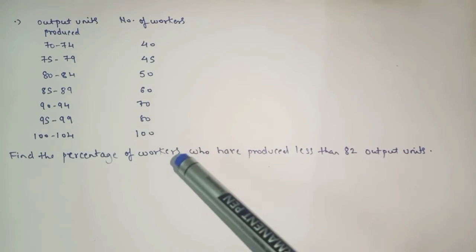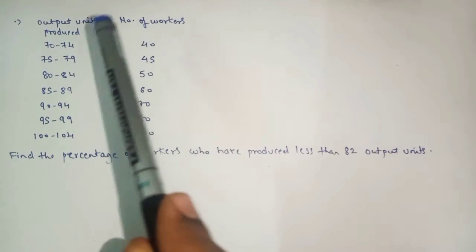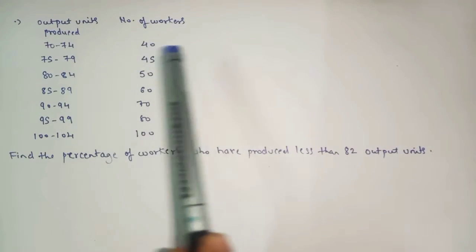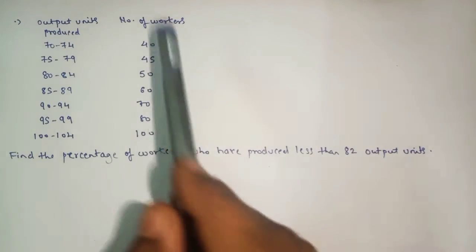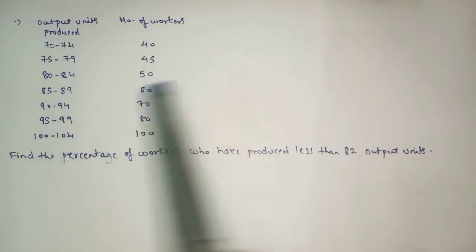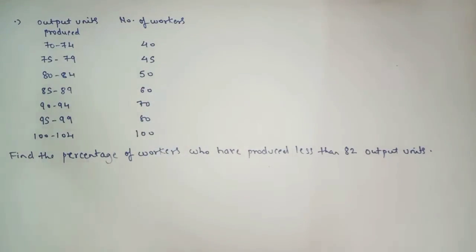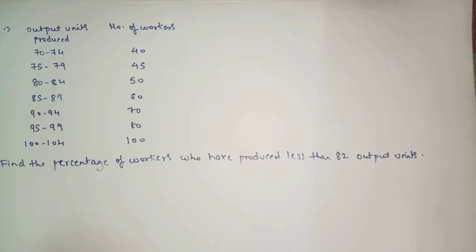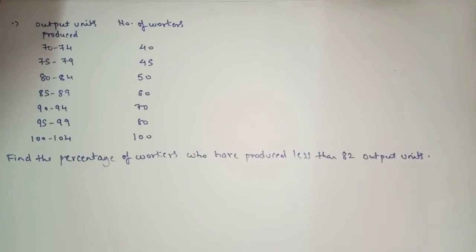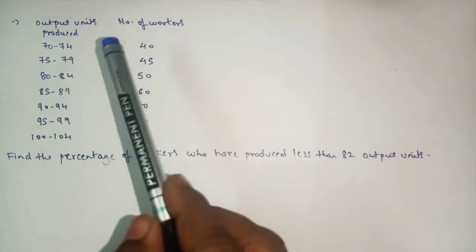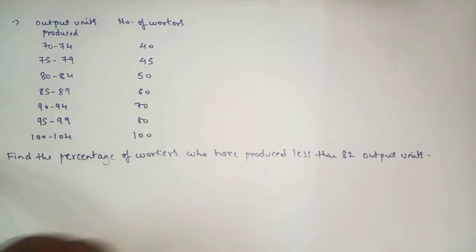And here we have the number of workers, and we know that the number of workers is the second column, which is frequency, and the first column is the class. Now here we can clearly see that the class which is given here is not continuous.